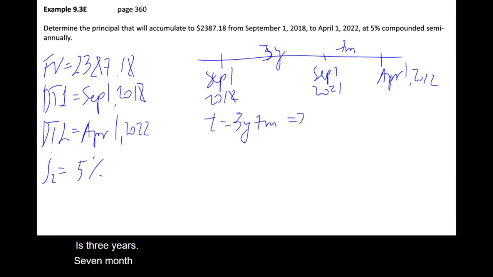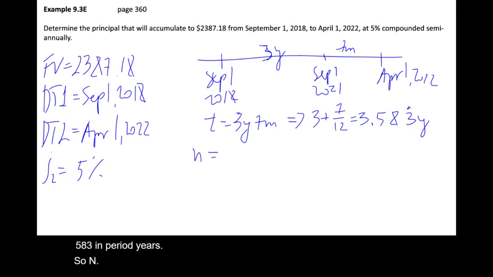It means, what is that? 7 over 12. So let's put it this way, 3 plus 7 over 12. It is 3.583 in period years. So n is 3.583 in period times 2.